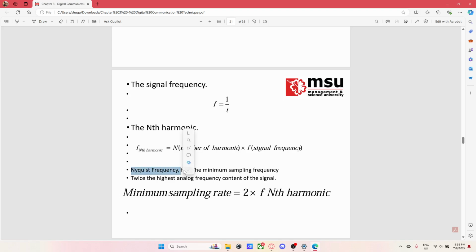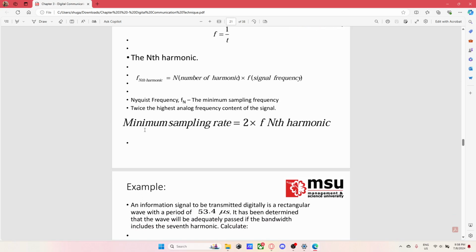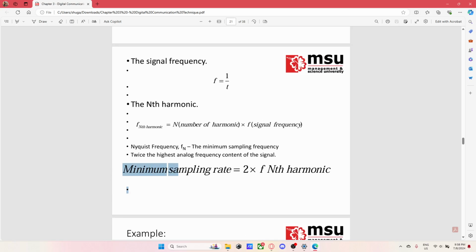So the Nyquist frequency Fm is the minimum sampling frequency, and it should be twice the highest analog frequency content of the signal. Okay. Alright, for the minimum sampling rate, the equation is equal to 2 times f of the nth harmonic.